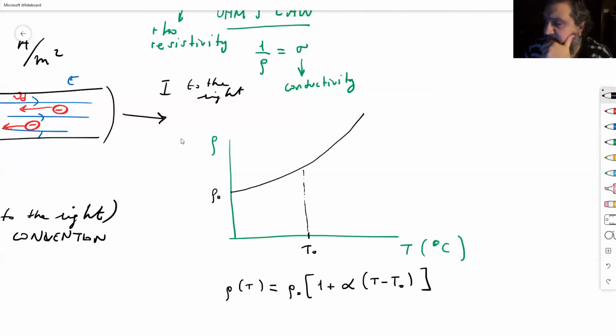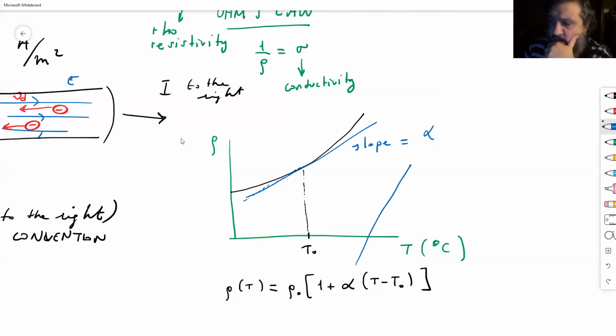So maybe I should write rho 0 here. Okay, so this will be a linear relationship. It's an approximation, but the slope will be equal to that constant alpha. Basically, greater the temperature, greater the resistivity.